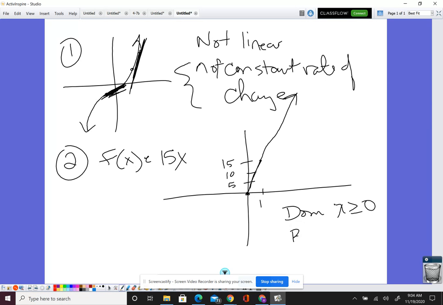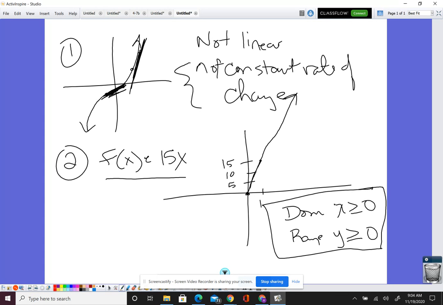And the range are the y values that are greater than or equal to 0. Someone's not going to pay you to not go to their gym. So they want to see that you recognize that domain and ranges of certain activities can only be positive.